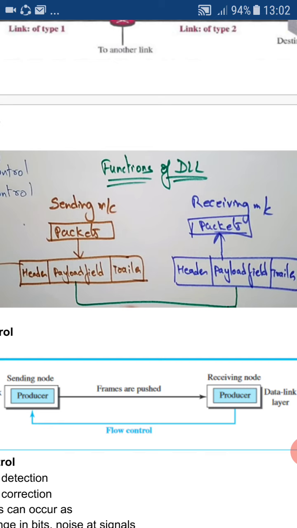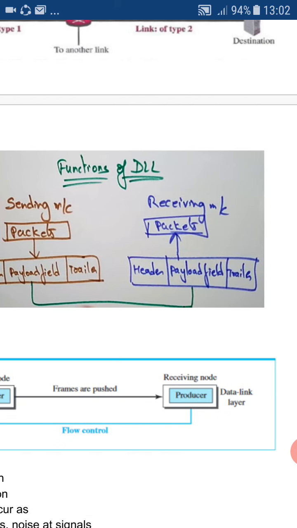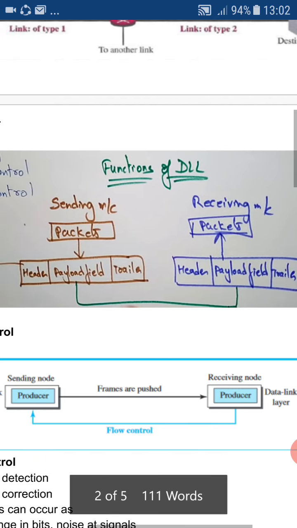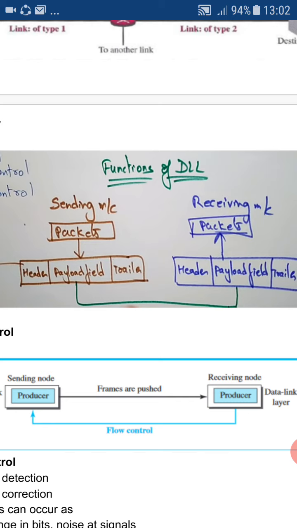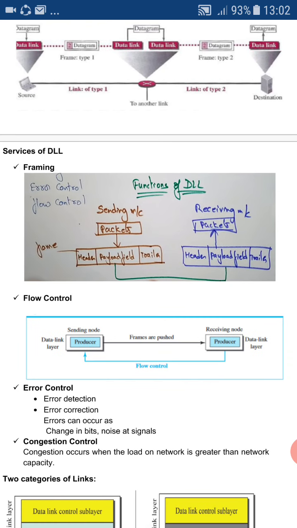When it is sent to the data link layer, that packet or datagram is made into a frame by attaching a header and trailer. Now that frame is sent to the receiver's data link layer. At the receiver's data link layer, only the packet is extracted from the frame. We can call it the decapsulation process. Converting the packet to a frame is nothing but framing. It is the first service of the DLL.